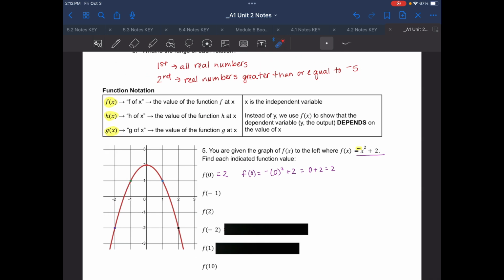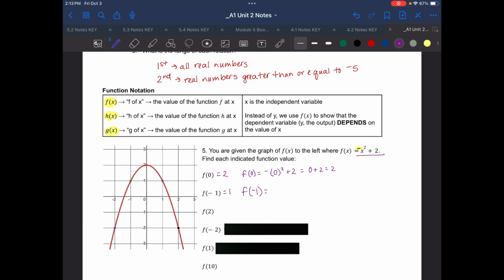Okay, for f of -1, we go to where the x value is -1. So x value of -1, your y value is 1. So f of -1 is 1. You could also take your f of -1 and replace the x, instead of f of x, it's f of -1.